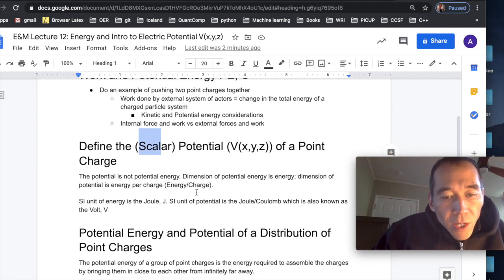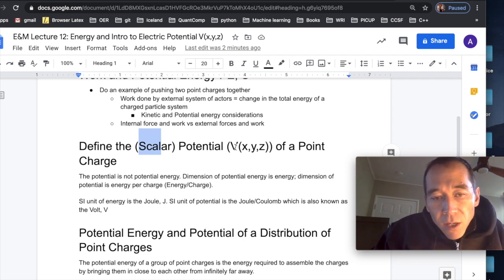I may bring up some thoughts about the units and the dimensions. The SI unit of energy is the joule, but the SI unit of this function called V is the volt. So this is the beginning of thinking about this idea of voltage.